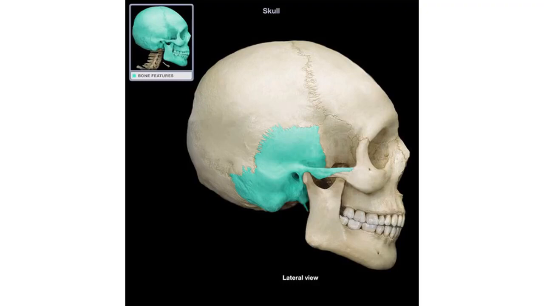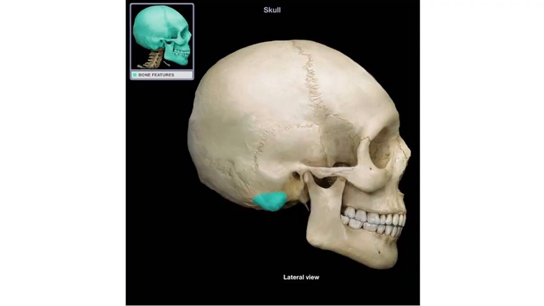It is inferior to the parietal bone, and it is anterior to the occipital bone. The structure of the temporal bone that is marked green is called the mastoid process. This part is under the skin, and you can feel your mastoid process just posterior to the ear.